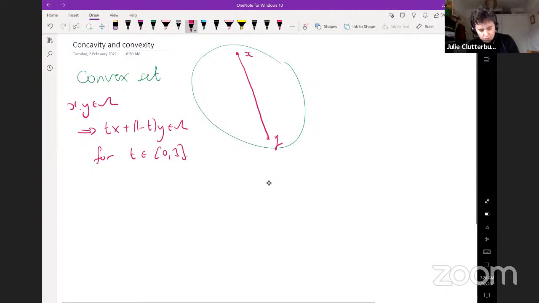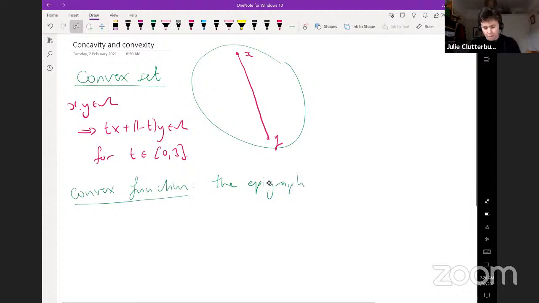And we can also extend this to a convex function. This is when the epigraph, so the set that lies above the graph, is a convex set.